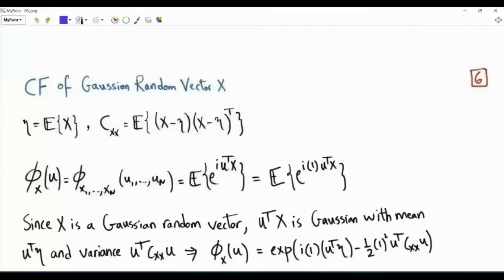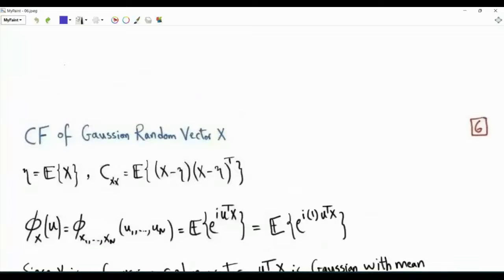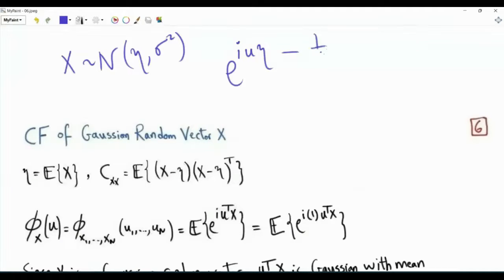Now, suppose that we want a general formula for the characteristic function of a Gaussian vector, okay? So what we have is that if x is Gaussian with mean value eta and some variance, let's say sigma squared, then we took it for granted that the characteristic function is e to the iu eta minus half u squared sigma squared. This is obtained by taking this expectation here.